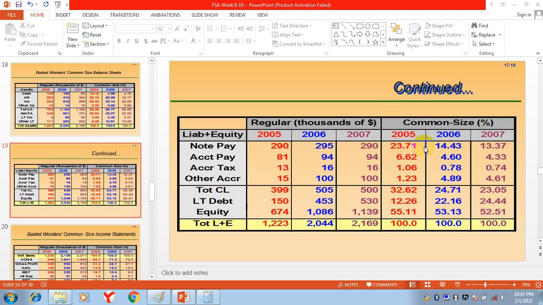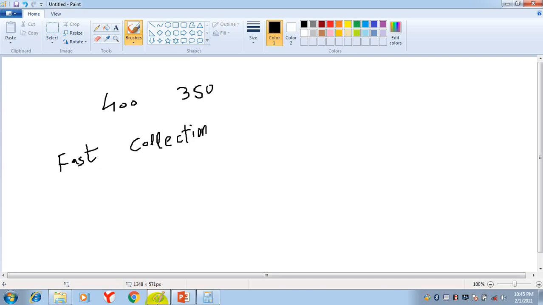In suppliers, your reputation will increase. But from one point of view, when you are paying the credit quickly, it is a negative sign because it is showing that you are not utilizing cash properly.